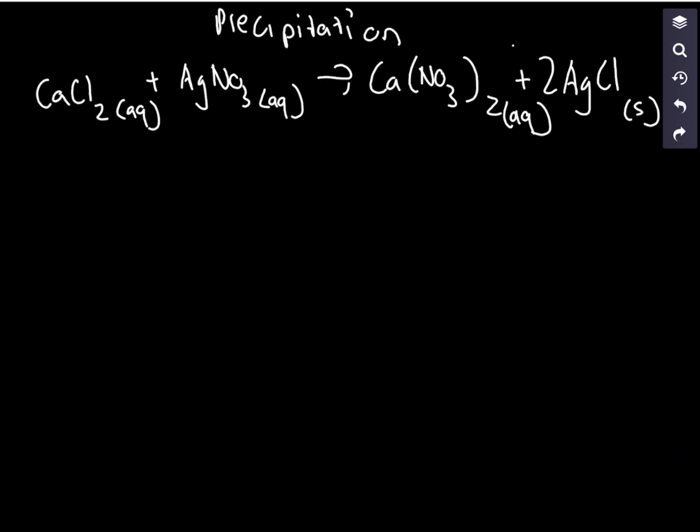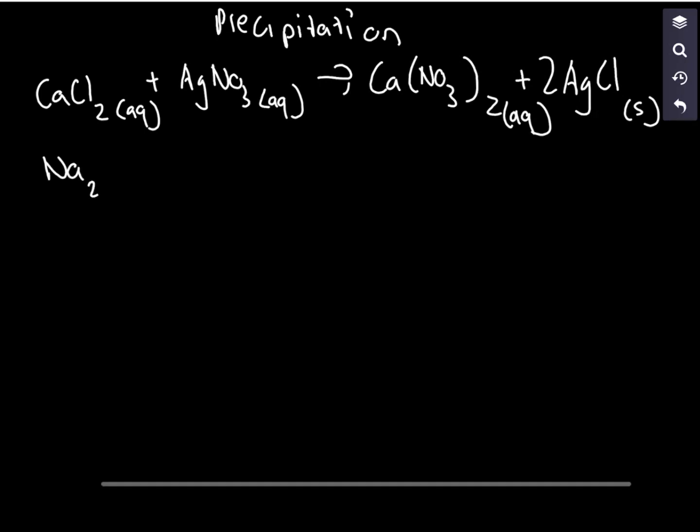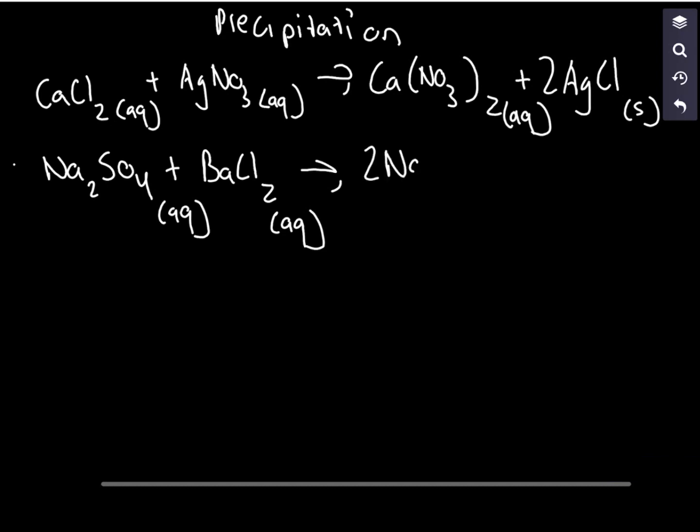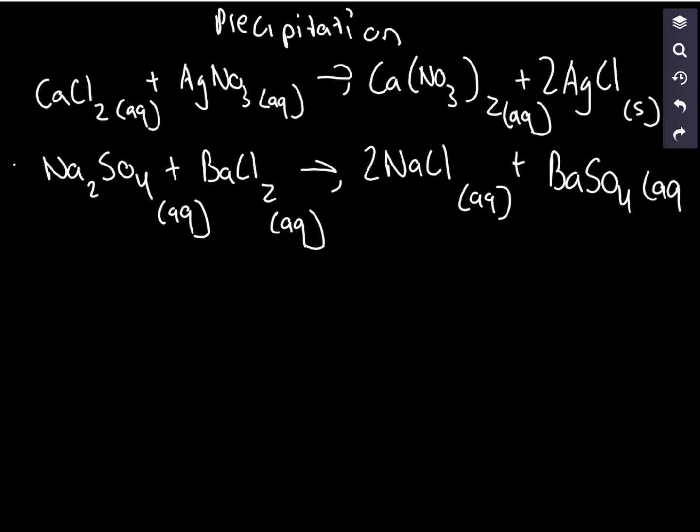So let me give you another example. Na2SO4 plus BaCl2. So these react, and these will be aqueous. And when they react, this will be 2NaCl aqueous, and then you'll get BaSO4, and this will be solid.